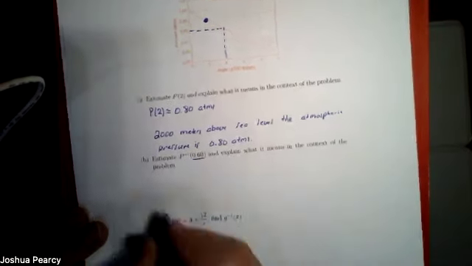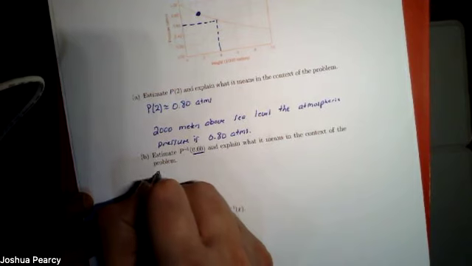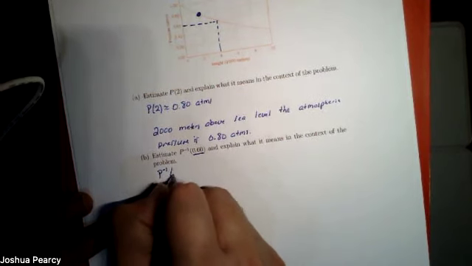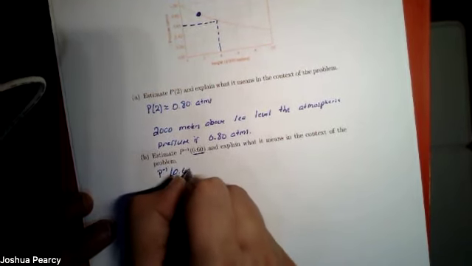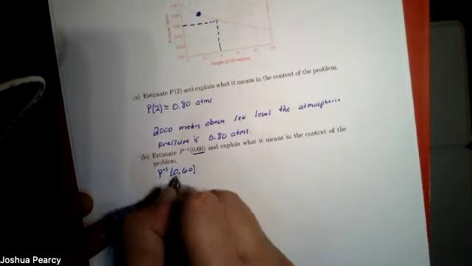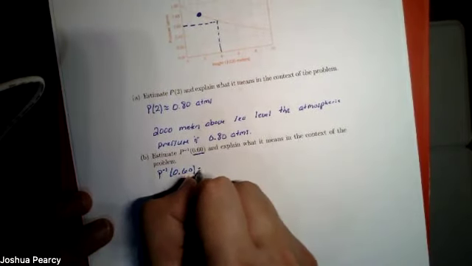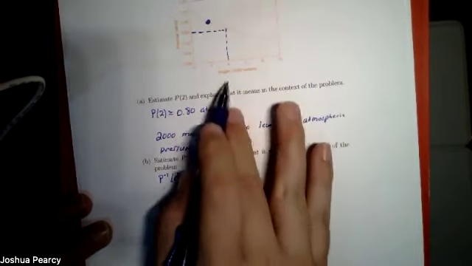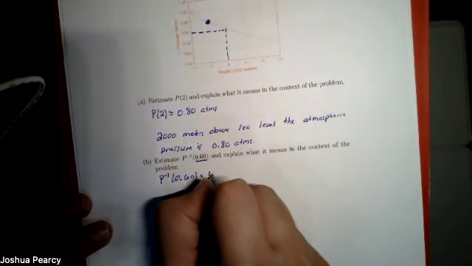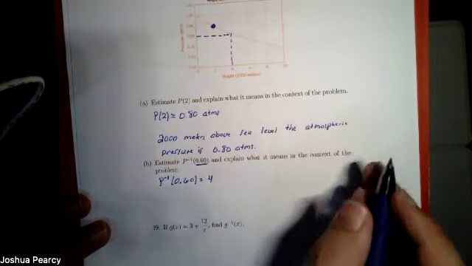So here, P inverse of 0.60 is actually equal to 4 based off of our scale here, but this is in thousands of meters.